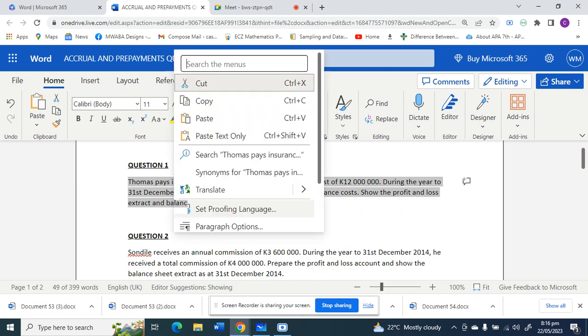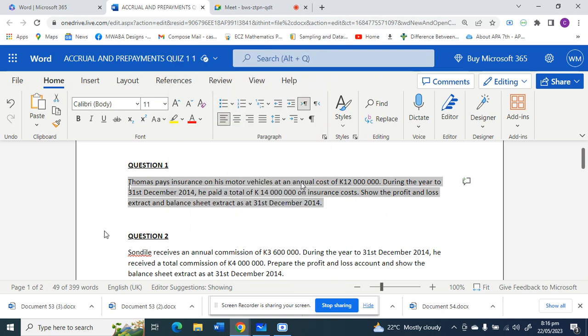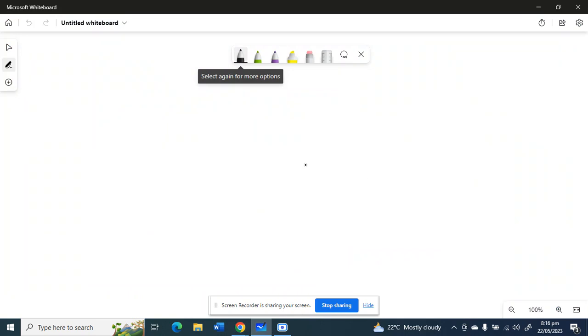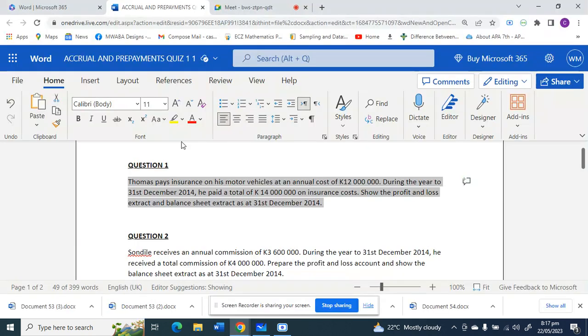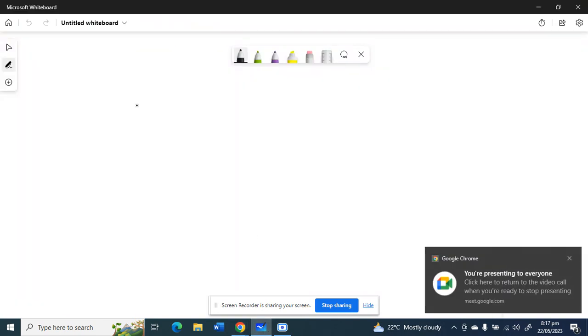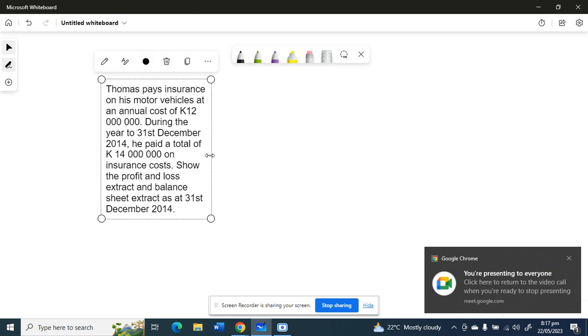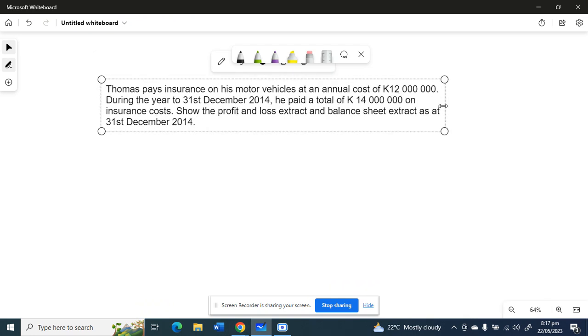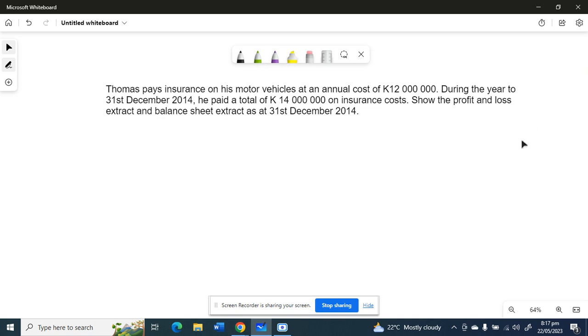I'll also include some journal entries so that we see the whole picture of what is going on here. So let's first look at the journal entries. Let's get the first journal entry, which is the payment of this insurance.